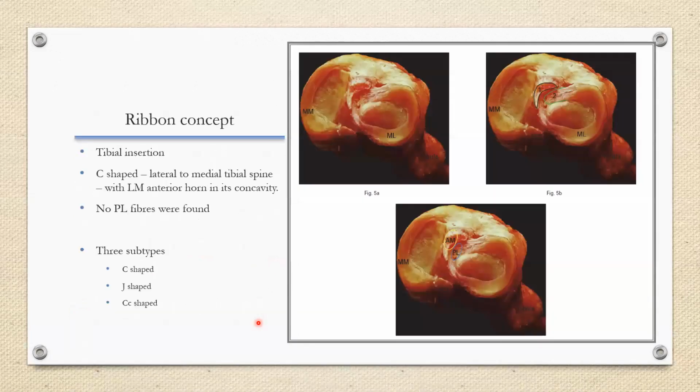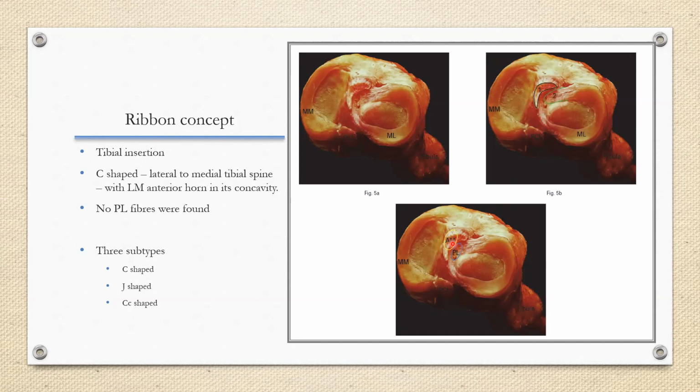Coming to the tibial insertion, these are the models described in this study, cadaveric models. As seen here, there is a tibial attachment. It's a comma-shaped tibial attachment, and there is only the attachment of the lateral meniscus. After proper dissection of all the surrounding soft tissue, they say there is only one bundle of insertion of the ACL, and there's no posterolateral bundle.